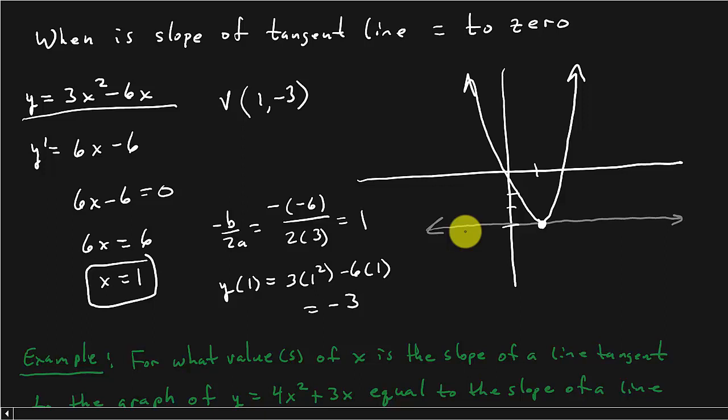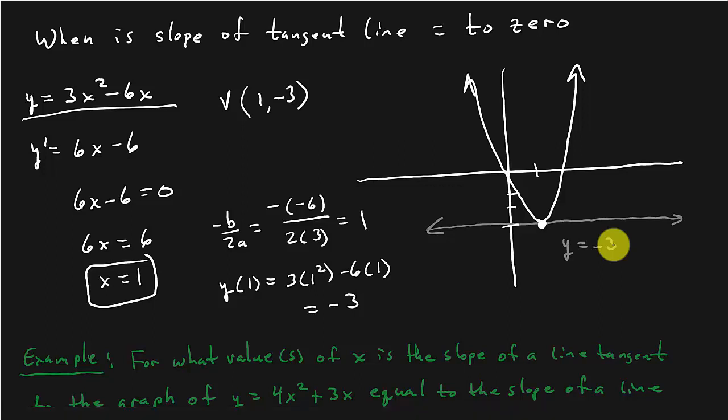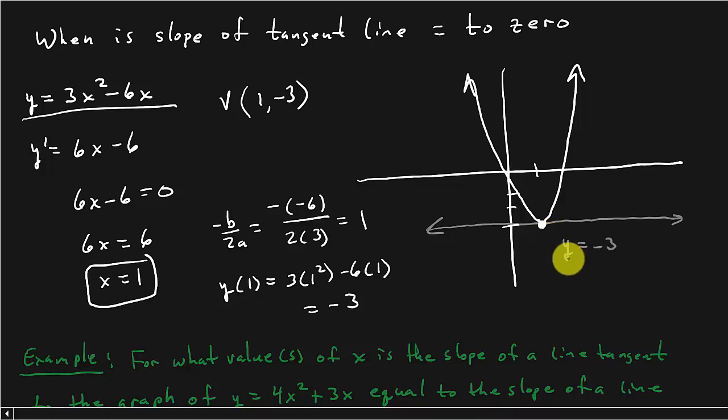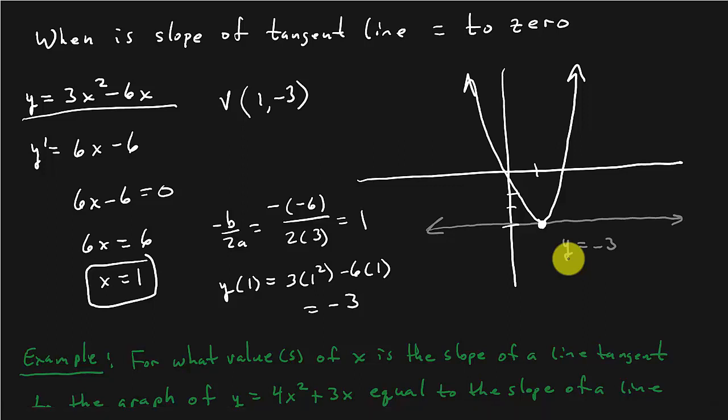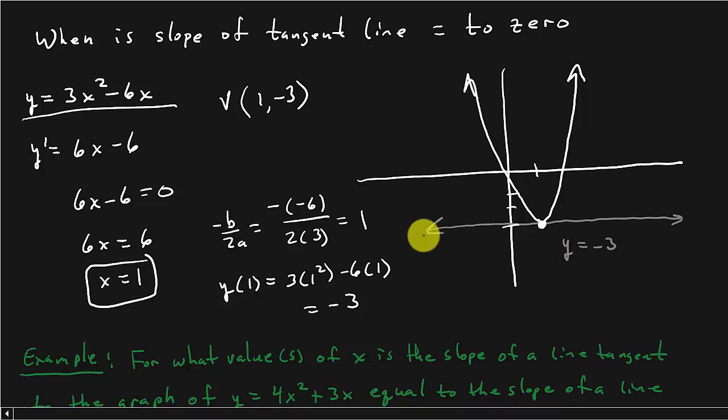Actually, real quick, y equals negative 3 is the equation of your tangent line. Isn't the equation of a horizontal line y equals a number? We'll talk more about that in other videos, but I just wanted you to see a picture. That's what it actually looks like.